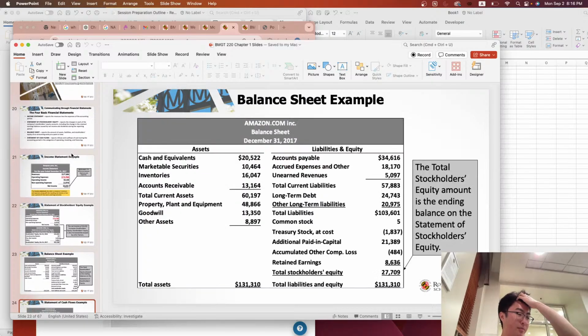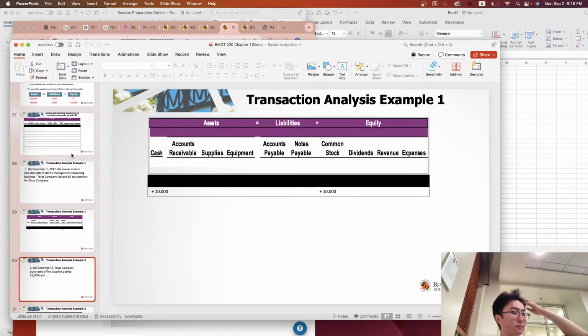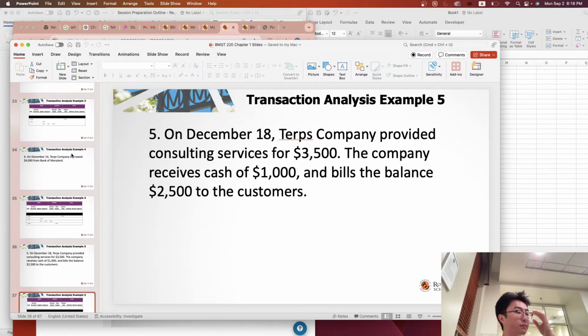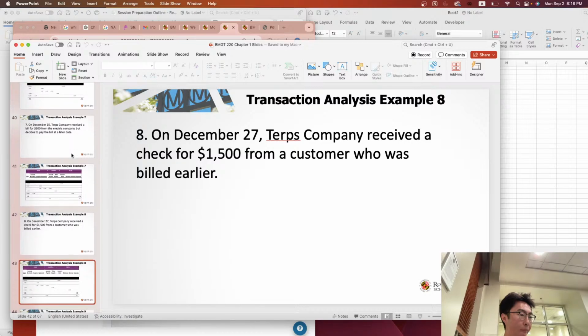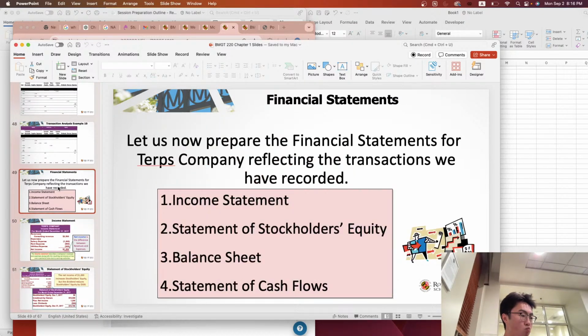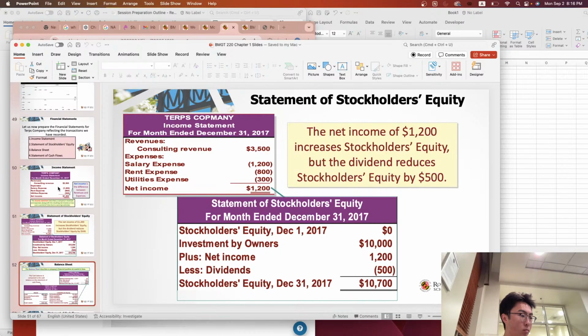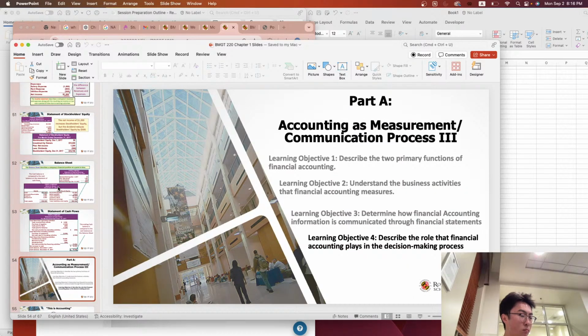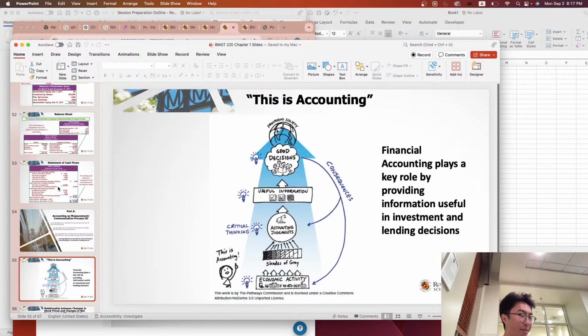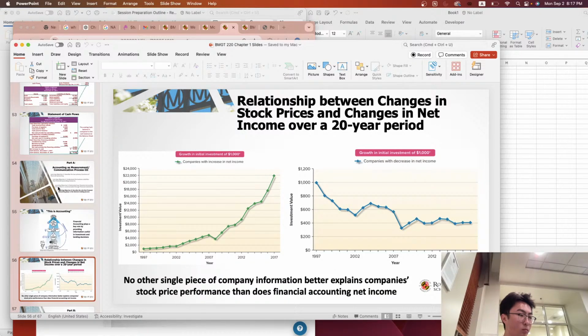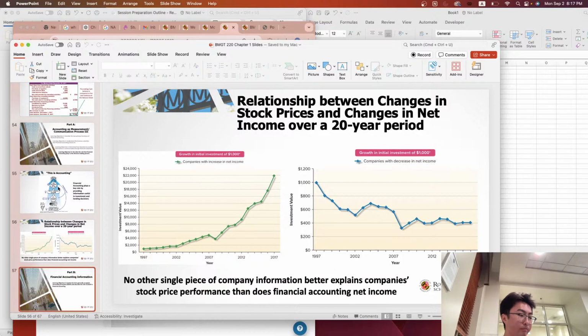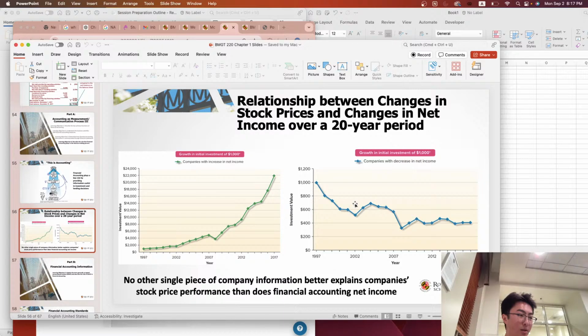Okay, so I guess this is actually pretty helpful. Yeah, this is actually a pretty cool graph.